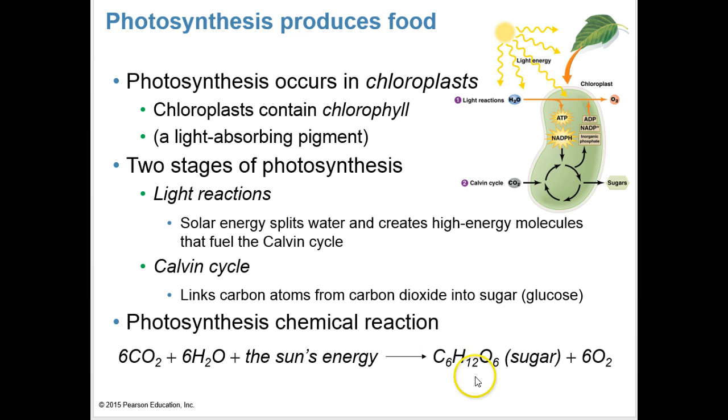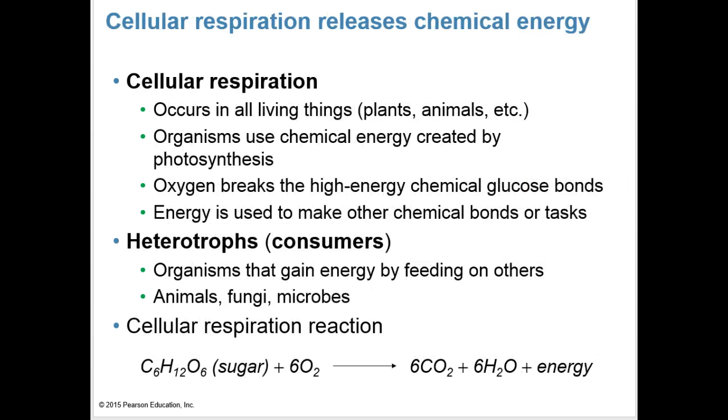And this yields sugar or glucose, C6H12O6, plus 6 molecules of oxygen. This is what I call the fundamental of life. Without this reaction happening, life on Earth would not be like we know it.